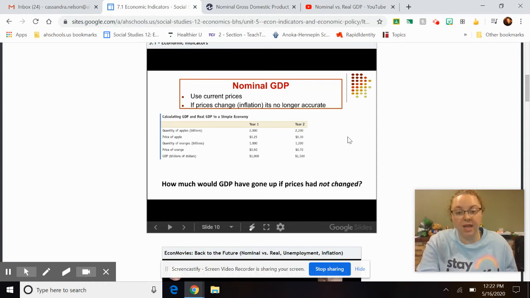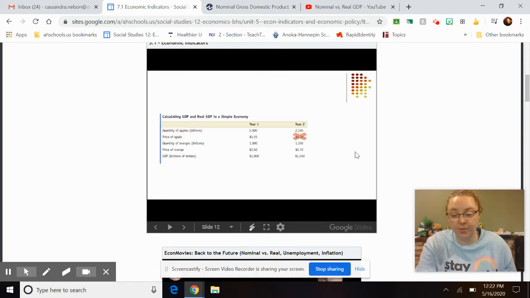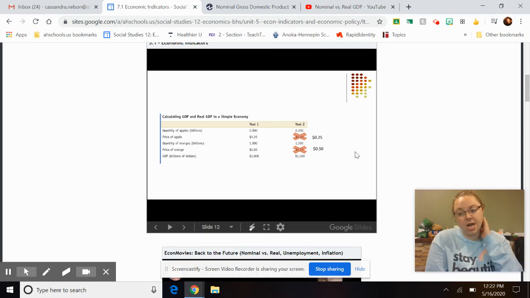So that's as deep as I'm going with real and nominal GDP because I'm not going to lie to you, it's super, super confusing. But nominal GDP has to do with inflation and the price going up, not the actual product, and real GDP has to do with the actual product.